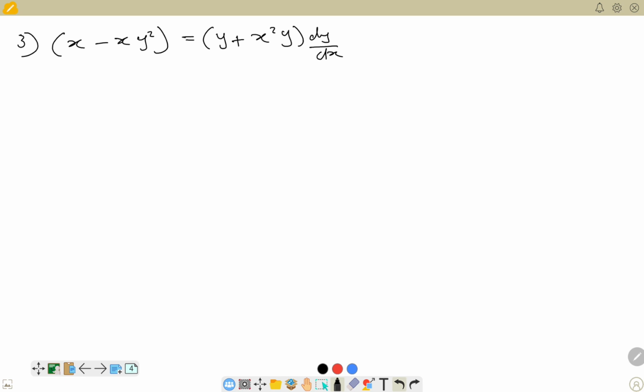We can start by multiplying both sides by dx so that we can take dx to the other side. We write this as it is, y squared. When we multiply both sides by dx, the result will be in this way now.